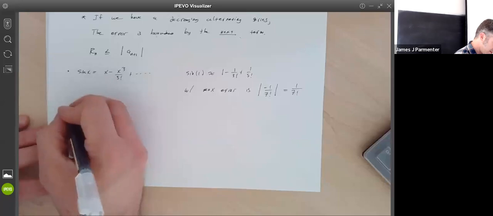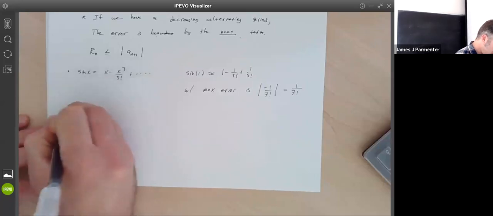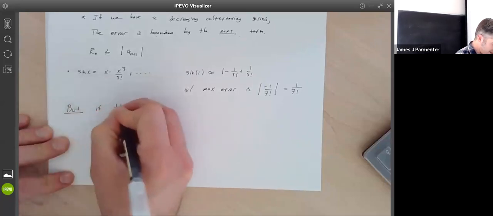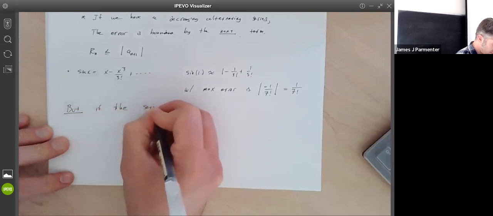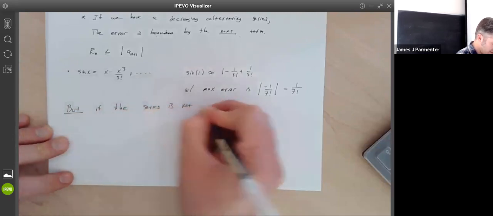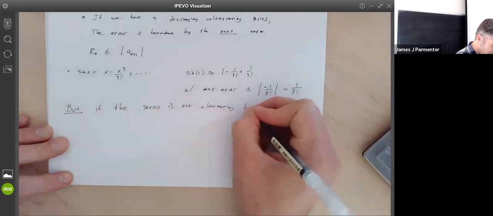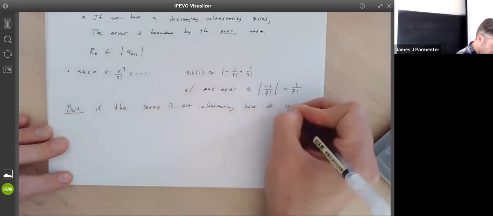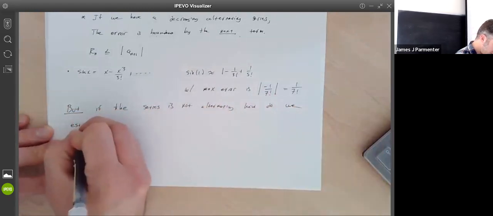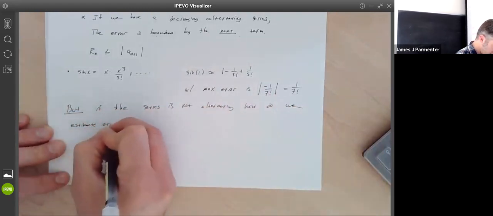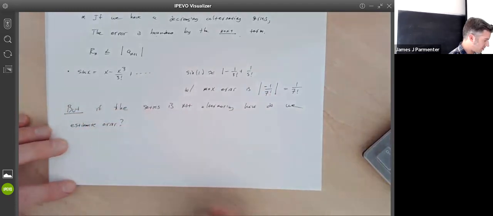But if the series is not alternating, we can't use this. How do we estimate error? Well, there's a formula.